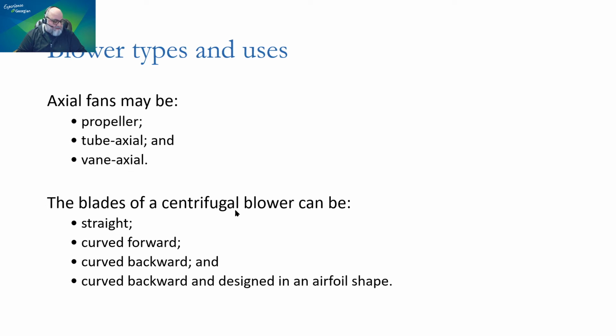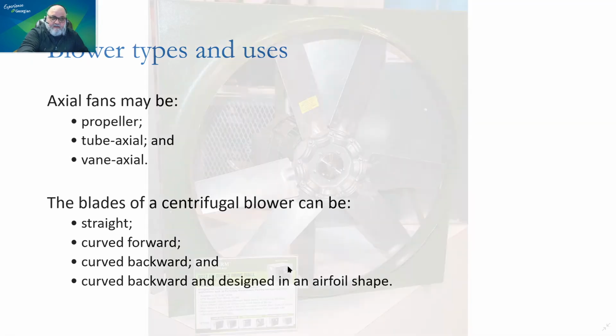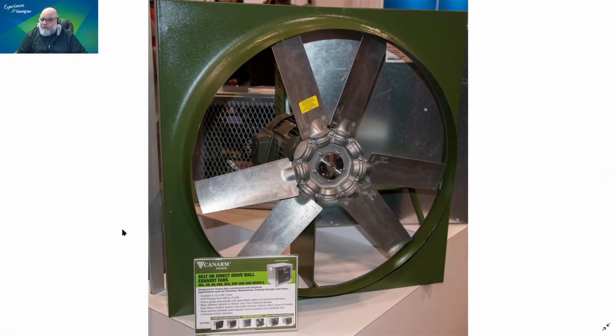Then there are centrifugal blowers that can have straight blades, forward curved blades, backward curved blades, or backward curved blades with an airfoil shape. So let's start with what was on the floor at the exhibition.